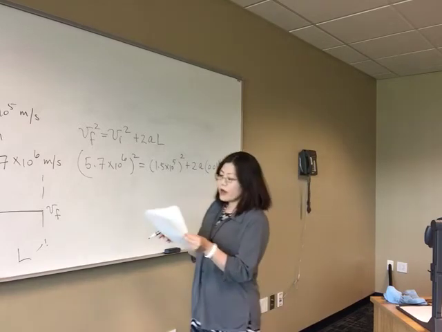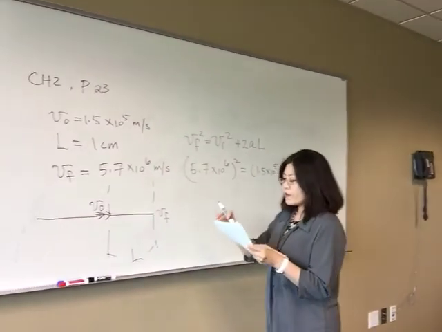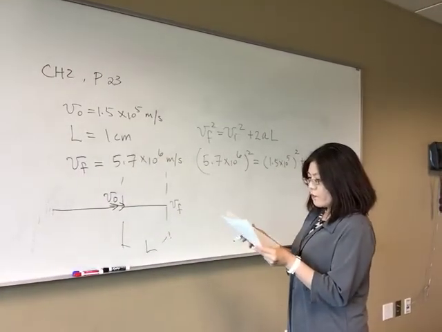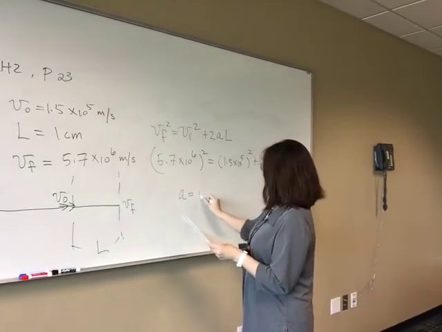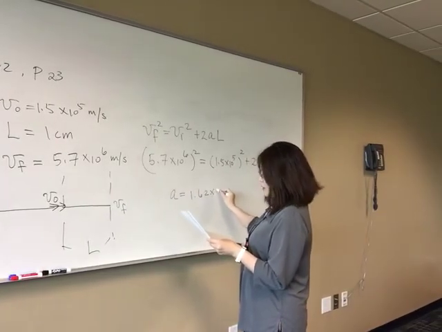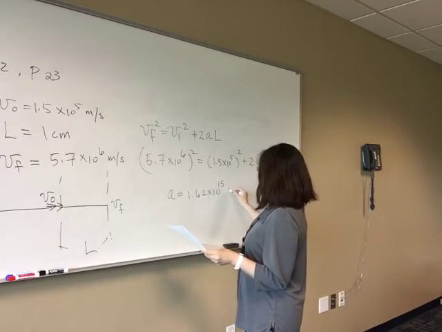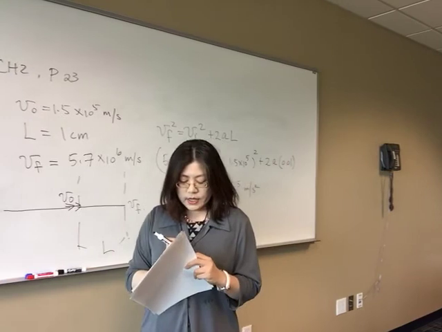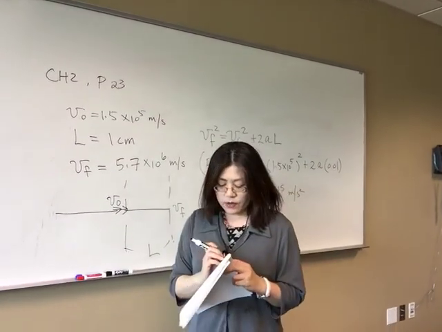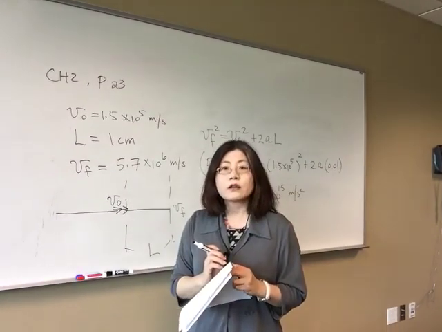After you work out the math, you should get a numerical value equal to 1.62 times 10 to the 15 meters per second squared. Okay, so that's basically the first three problems that we covered.